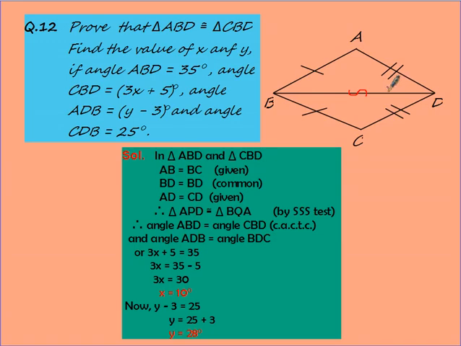In this triangle, the diagram is easy, and it looks like everything is solved. Prove that triangle ABD is congruent to CBD, and then they are saying find the values. Okay, this is a finding question. Find the value of x and y when ABD is given as 35, so this angle is 35 degrees.